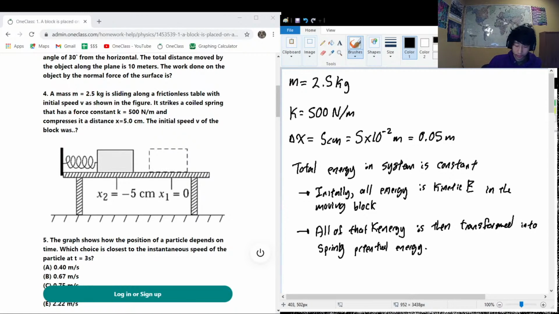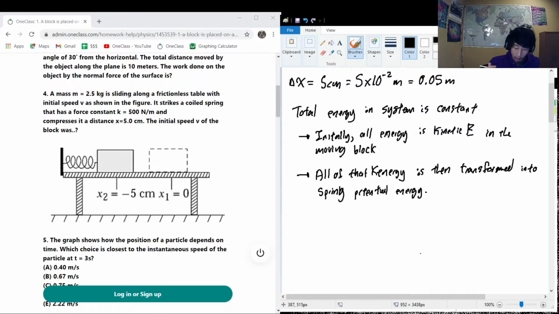Basically what's happening is the sliding block slides, and as it hits the spring, it's slowing down. It is going to momentarily have a velocity of 0, no kinetic energy at that point, and then it's going to slide back, and the spring is going to recoil and push it back outwards.